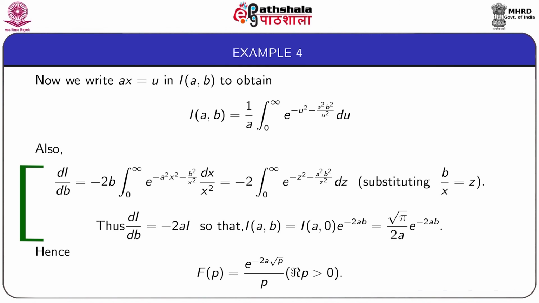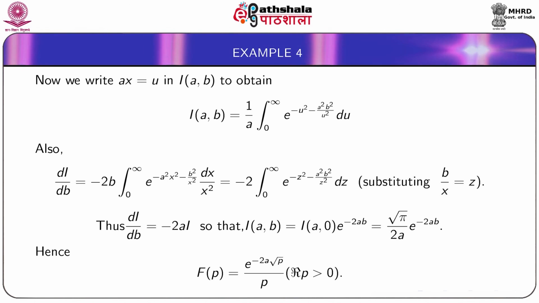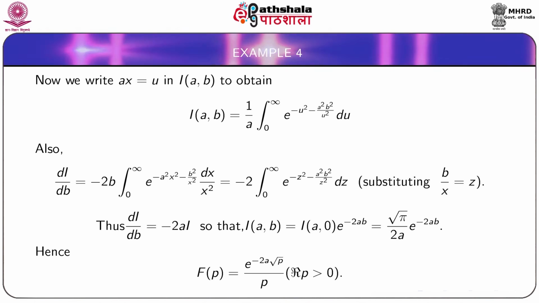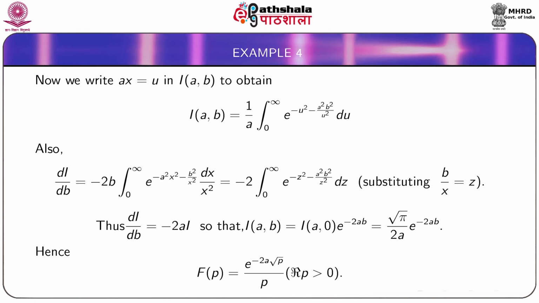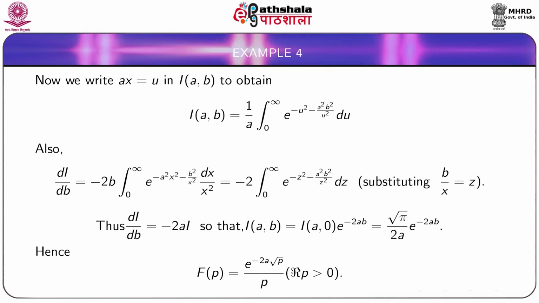I(a,b) equal to I(a,0) times e^(−2ab), and we have already obtained the value of I(a,0), and substituting that value we obtain I(a,b) equal to √π/(2a) e^(−2ab).